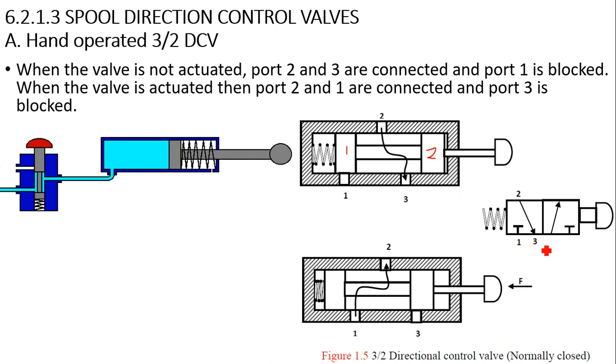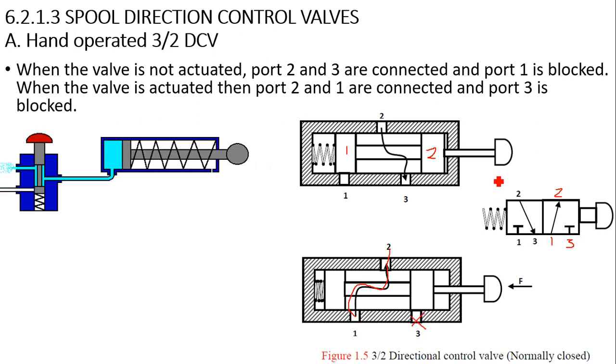So this is 1, this is 2, and this is 3. Now 1 is connected to 2, but 3 is cut off.